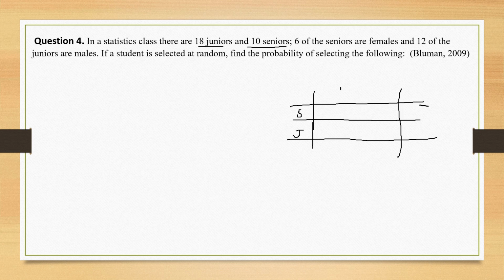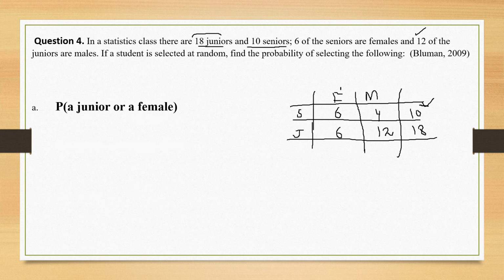There are 18 juniors, so the total number of juniors is 18, and 10 are seniors. 6 of the seniors are female, so definitely 4 will be male. 12 of the juniors are male, so total we have 18 juniors, 12 of them are male, so definitely 6 of them will be female.